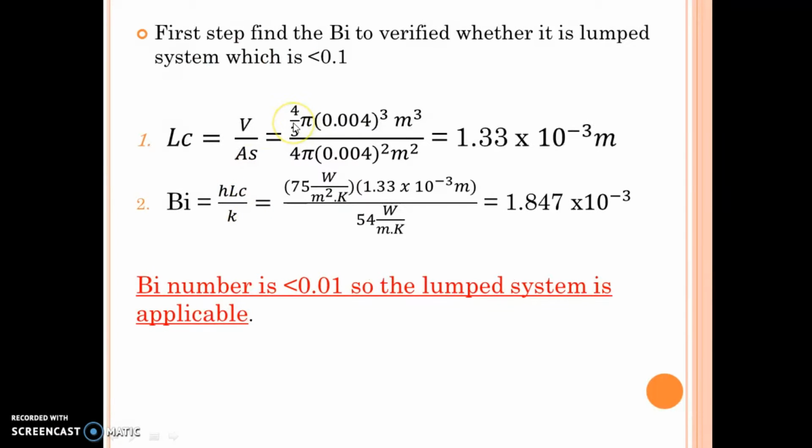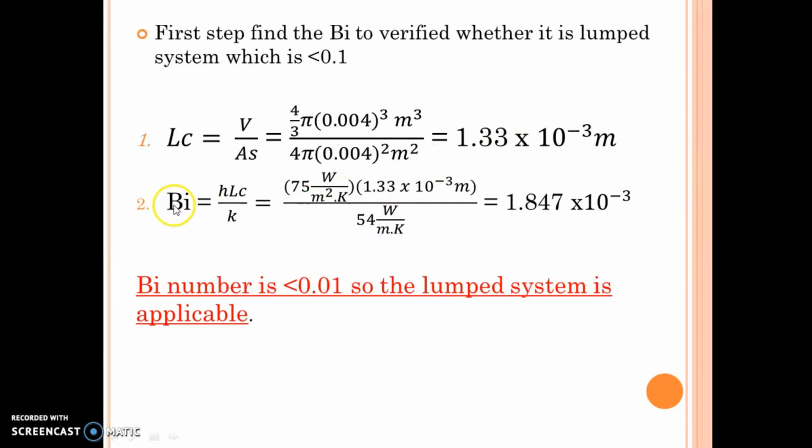So basically, this is our first step. We have to find the Biot number to verify whether it is a lumped system, which is less than 0.1. So we find the Lc using this formula, V over A, volume over area of the surface, and then we get 1.33 multiplied with 10 to the power of -3 meter.